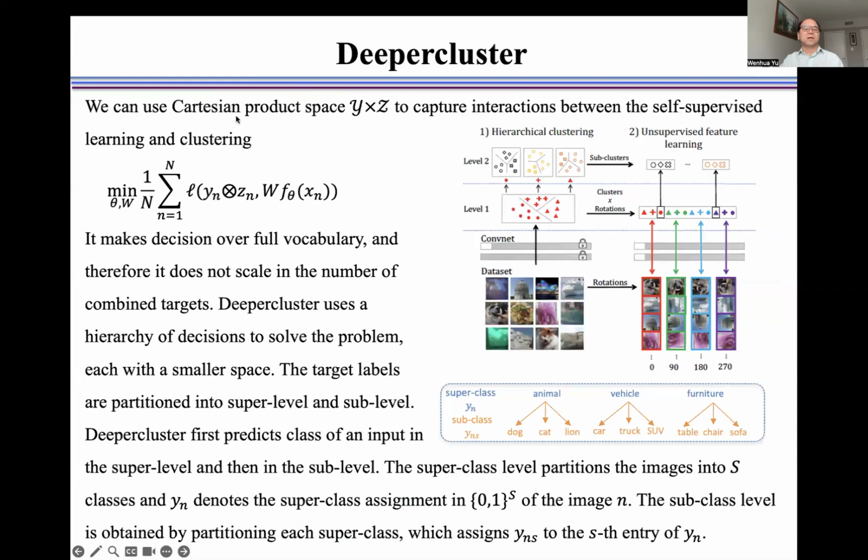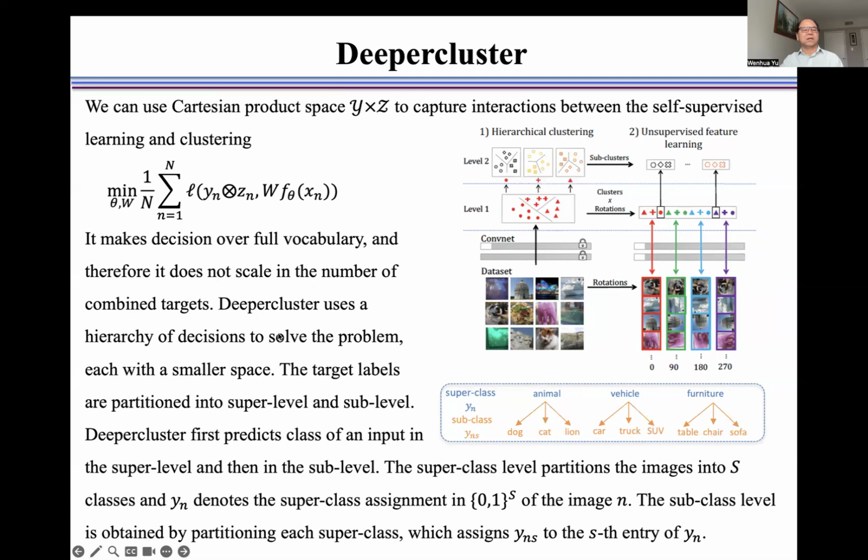We can use Cartesian product space to capture intersections between the self-supervised learning and clustering defined here. It makes a decision over full vocabulary, and therefore it doesn't scale in the number of combined targets.